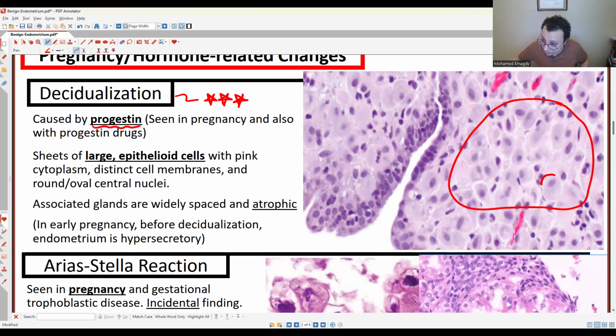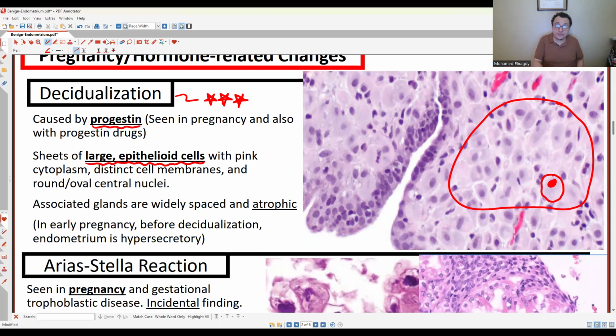They become like an epithelial cell, see? That's what we call epithelioid or large epithelioid stromal cells. Sheets of large epithelioid cells. The cells have pink cytoplasm and some kind of cytoplasmic clearing. The cytoplasm is very pale pink. Large epithelioid. This is what we call decidualized stroma.